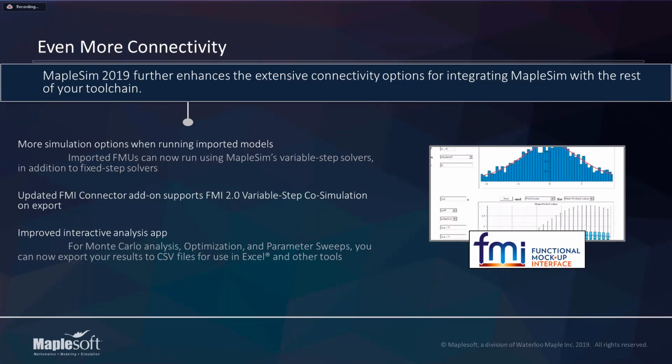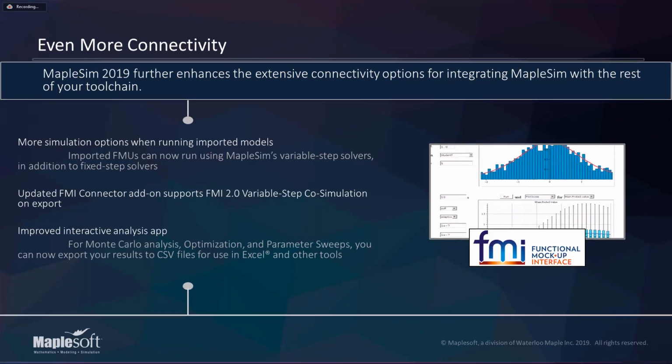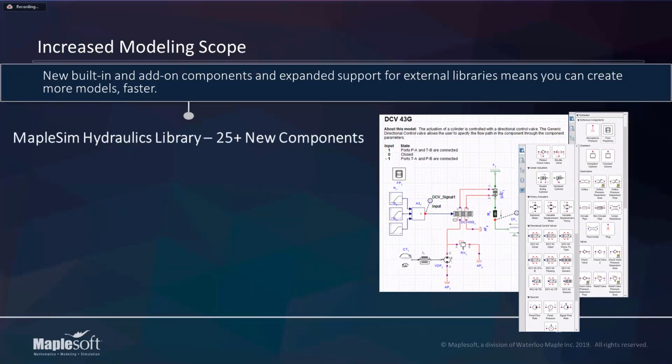And then the focus of today's webinar is increased modeling scope. There are new built-in and add-on components, and expanded support for external libraries means you can create more models faster. The focus of today's webinar is the MapleSim Hydraulics Library, which has over 25 new components. Some of the more important changes are the directional control valves.